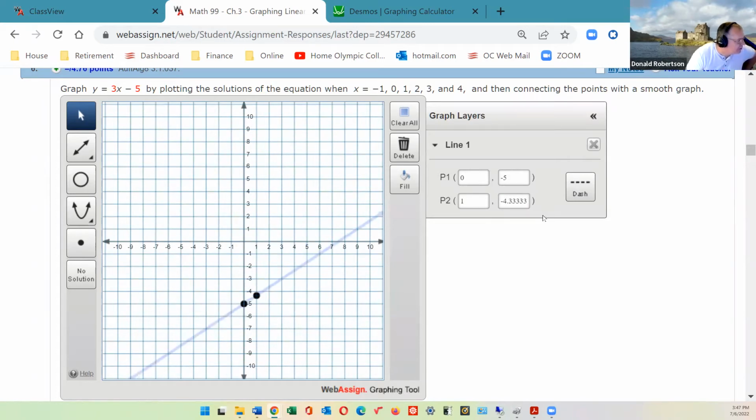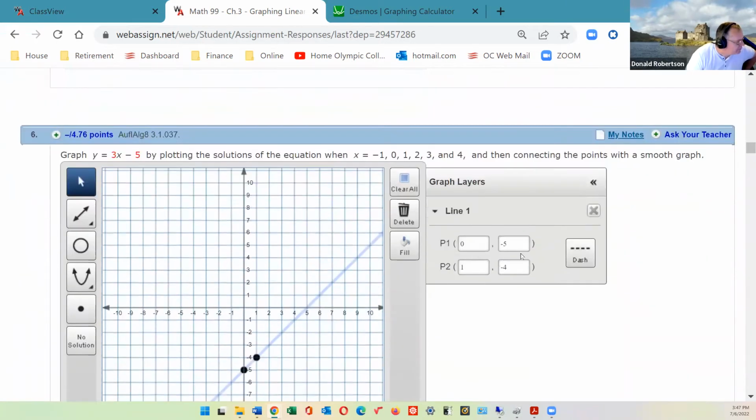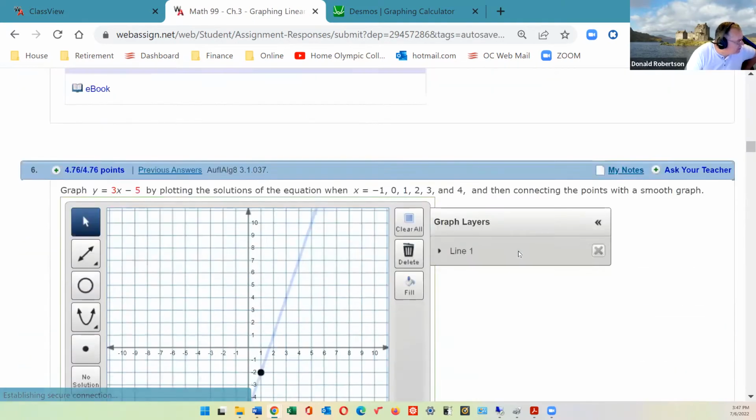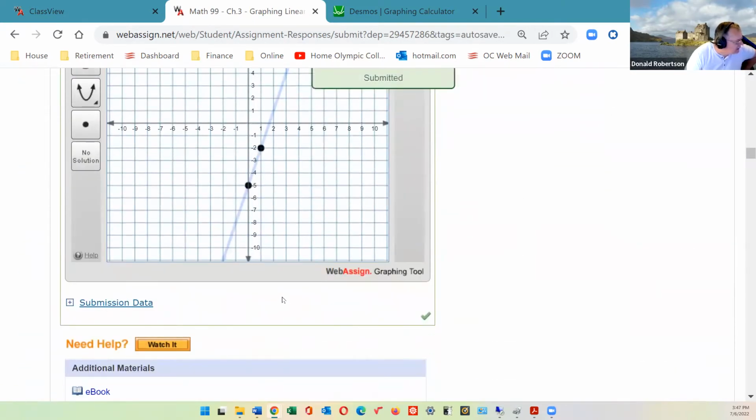I could fix it that way. Which is one of the reasons you try and avoid fractions. It just doesn't like them. By the way, I better get that back to the correct answer. There we go, that's the correct answer. So I should be able to just submit answer. And check, got it right.